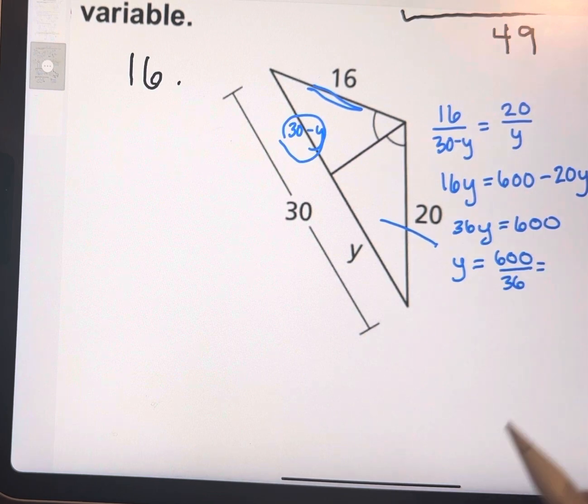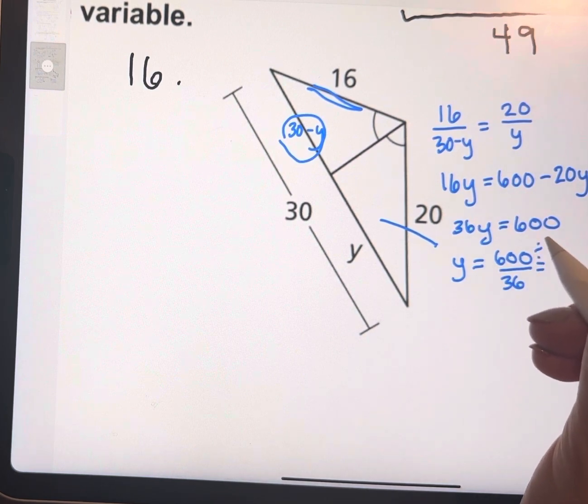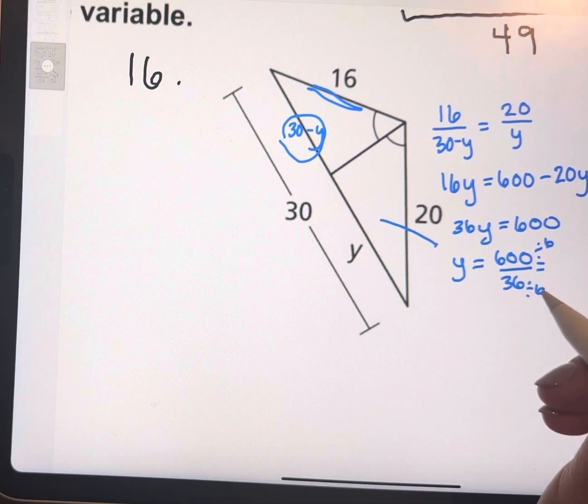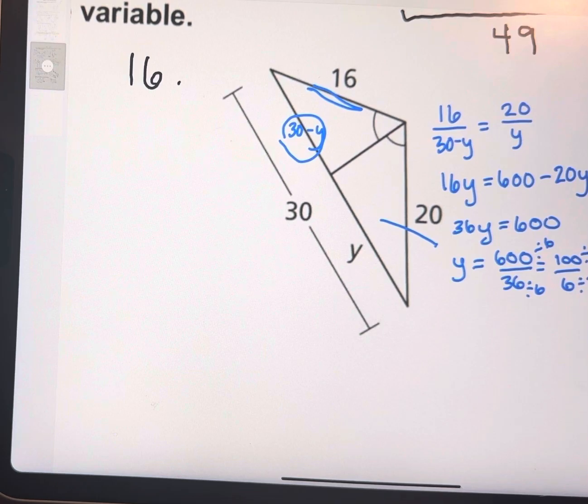So I'm going to simplify this. Divide top and bottom by 6 and see what happens. This is 100 over 6. I can still divide top and bottom by 2 to get that y equals 50 over 3.